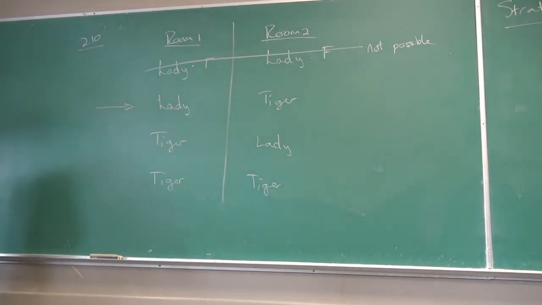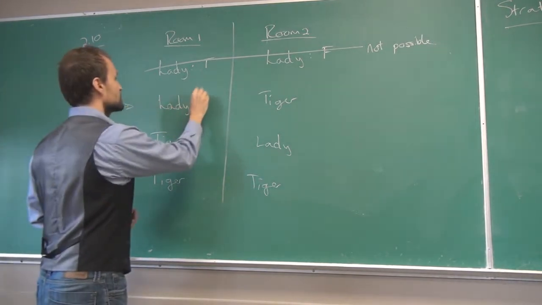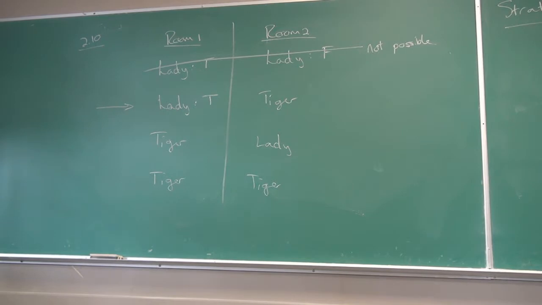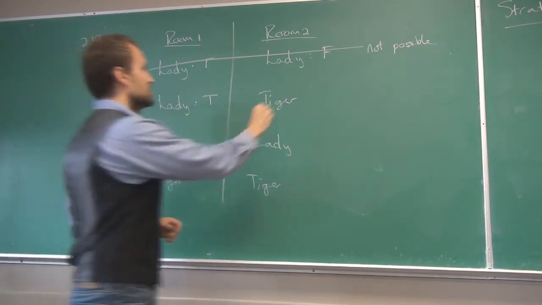Next possibility. Door 1 says, at least one of these rooms contains a lady. True. Door 2 says, a tiger is in the other room. False.